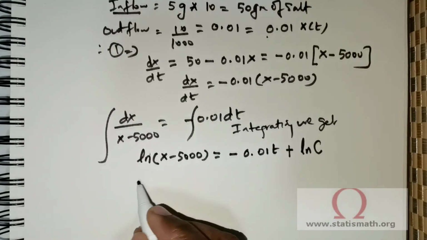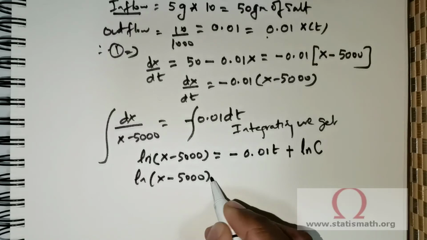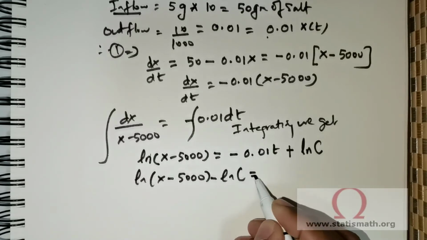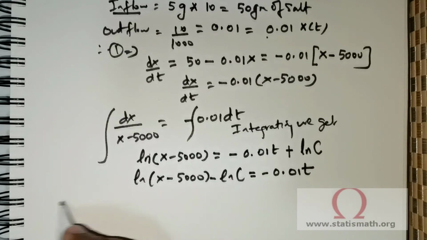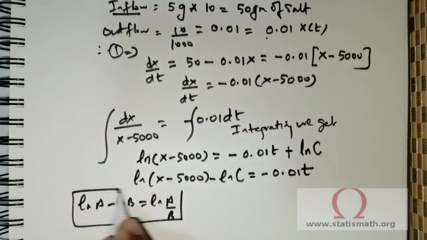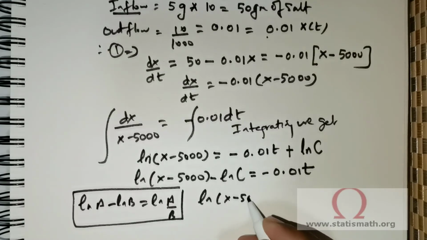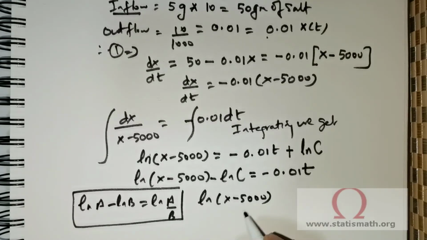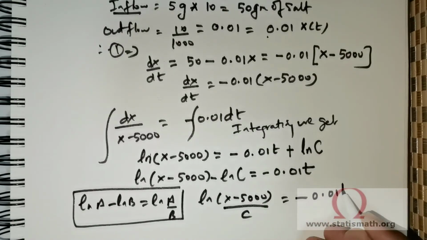Now this can be rewritten as ln of (x minus 5000) minus ln c is equal to negative 0.01 times t. I'm going to use the formula ln a minus ln b is equal to ln of a over b. So you've got ln of (x minus 5000) divided by c is equal to negative 0.01 t.